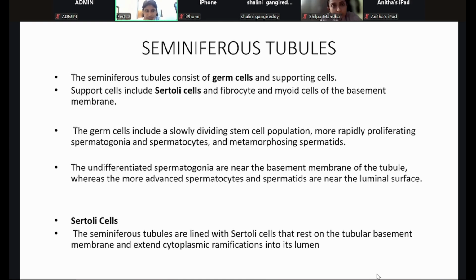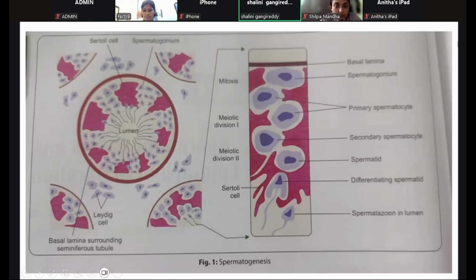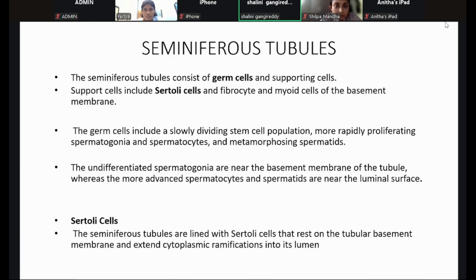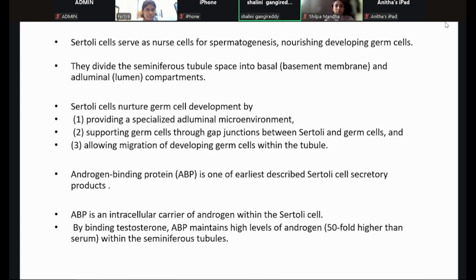It's basically a supporting cell. These Sertoli cells serve as nurse cells for spermatogenesis.